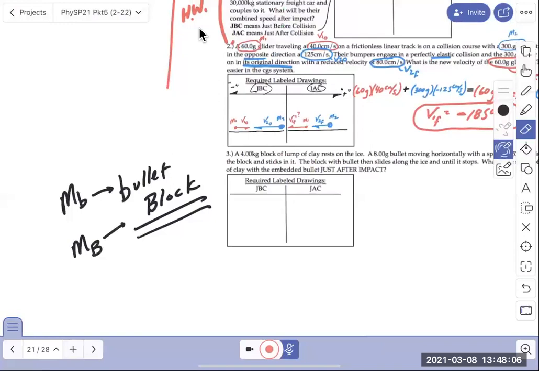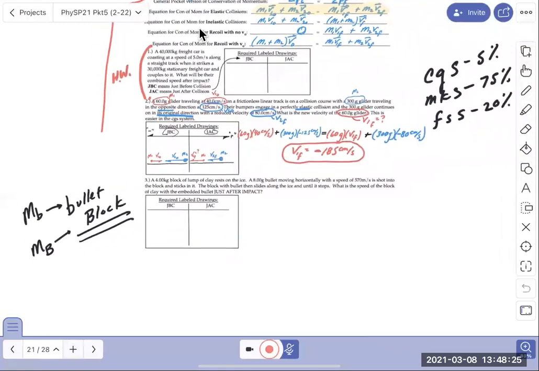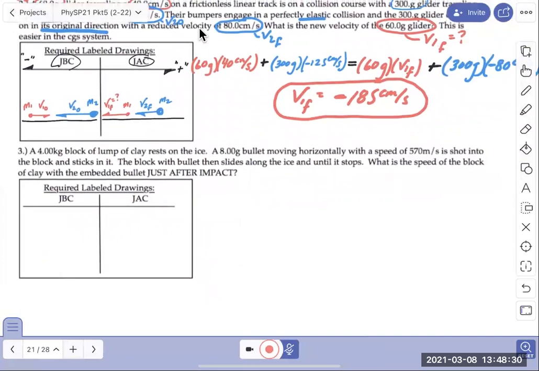We'll always have one of these crazy bullet block problems, or it's on a pendulum, and the pendulum's attached to another lever, and it makes the thing go up, and then the lever, like a Rube Goldberg, and then you got to work your way through it, and that's a machine problem. But bullet block, you should mark this in your calendar, the first bullet block problem. Okay, and if your parents ask what you did in physics, we did some bullet block problems today.